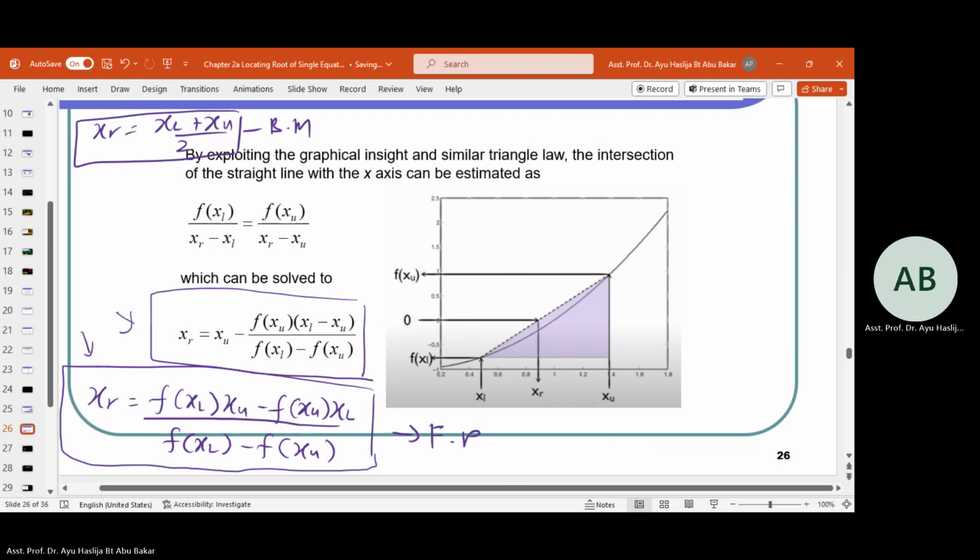Okay, now the approach is similar. Do the iteration, but for false position, this is the equation that you need to use.